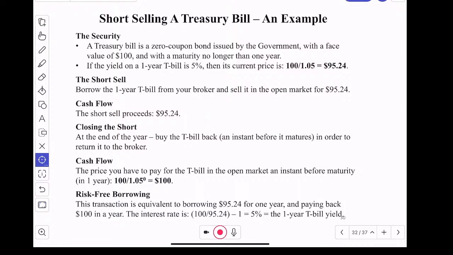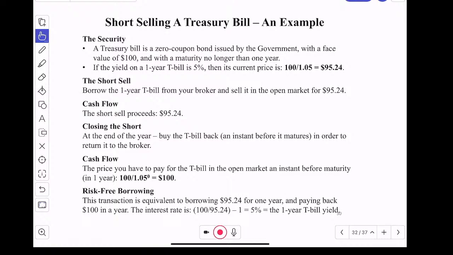The cash flow is the price that you have to pay for the T-bill in the open market, and so it would be $100. So this constitutes risk-free borrowing. This is equivalent to borrowing $95.24 for 1 year and paying back $100 with an interest rate of 5%.